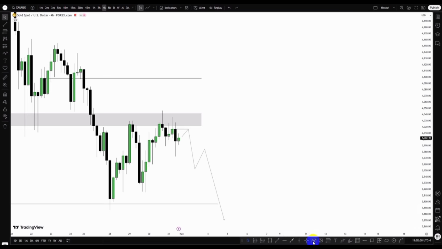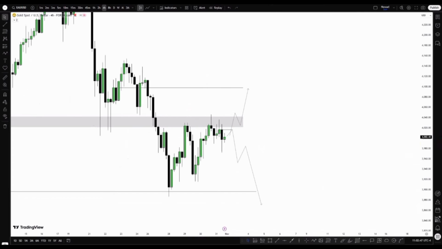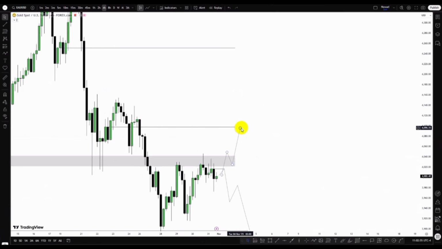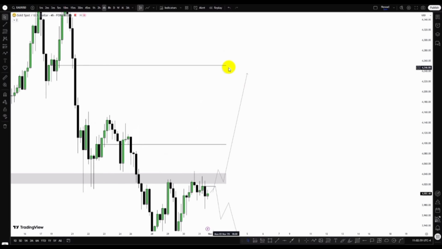If price gives us bullish volume, violating that, then we can look for a pullback to trade to this level first. So when we trade to that level first, we can now determine if there is going to be a bearish possibility here, or price would just continue bullish to the daily bearish block here.